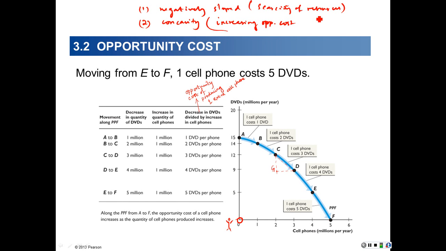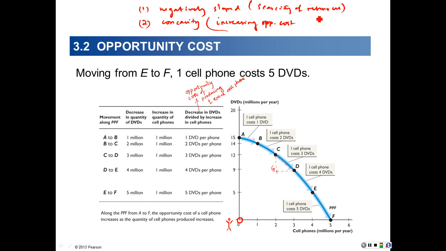So when the economy goes from 0 cell phones to the first million cell phones, it gives up just 1 million DVDs, right? But when this economy goes from 1 million cell phones to 2 million cell phones, point B to point C on the PPF, we find that the opportunity cost of doing so is 2 million DVDs, correct?